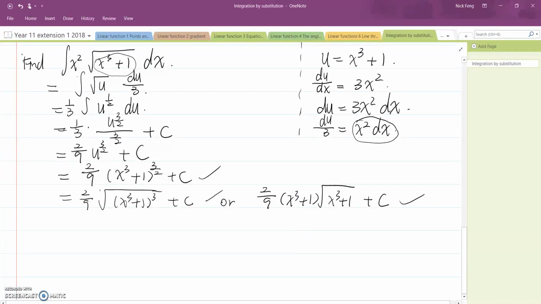Now let's do a few more easy ones first to get you started. For example, if we have x multiplied by (3x squared minus 9) to the power of 5 dx.